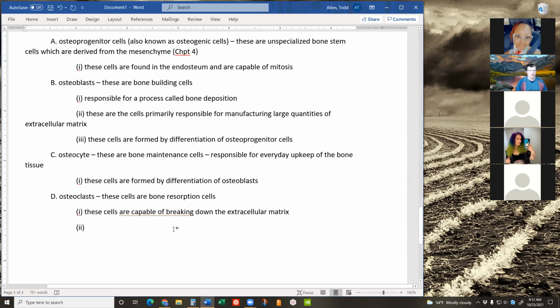So I should put into your notes that these osteoclasts do not share a lineage with the first 3 cells of our list. These cells are related to white blood cells of the bloodstream.